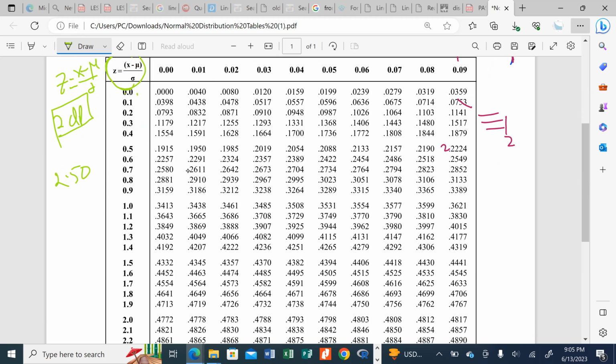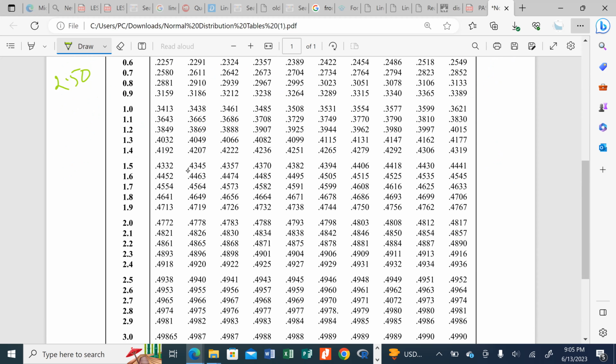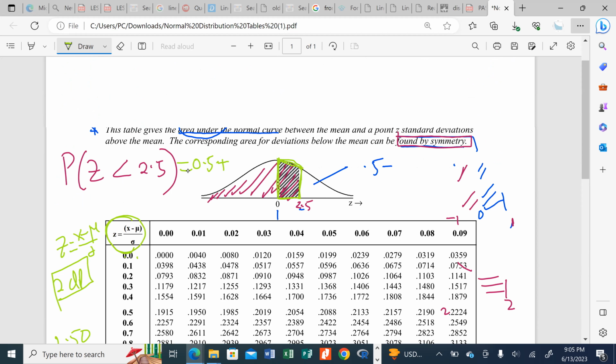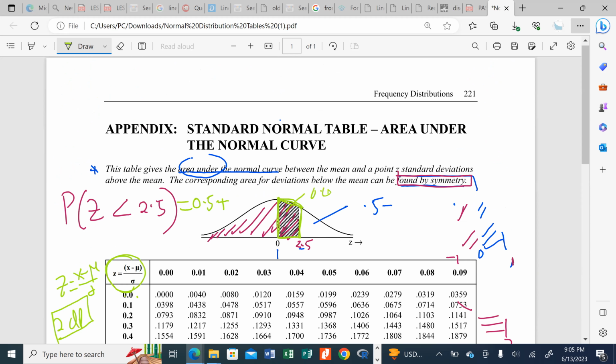The value of Z is 2.50, which is there, and this is the value: 0.4938. So this area here is 0.4938, which you must add here. It will give us 0.9938. So that is the probability.